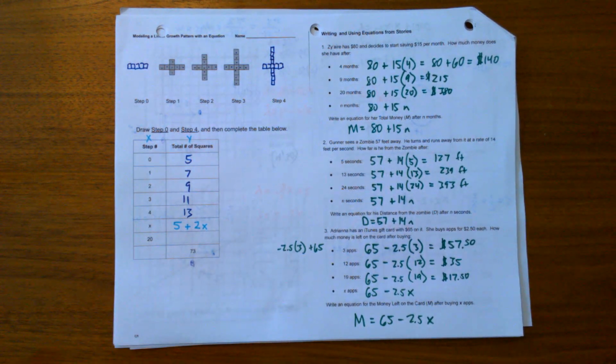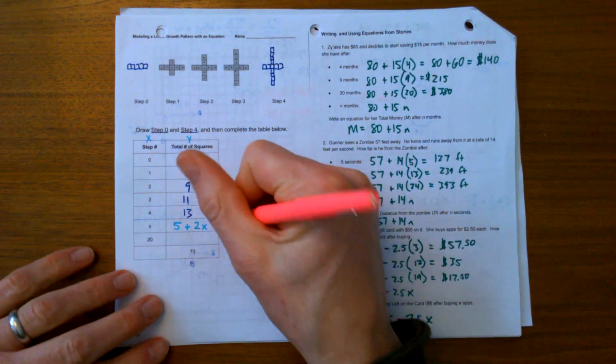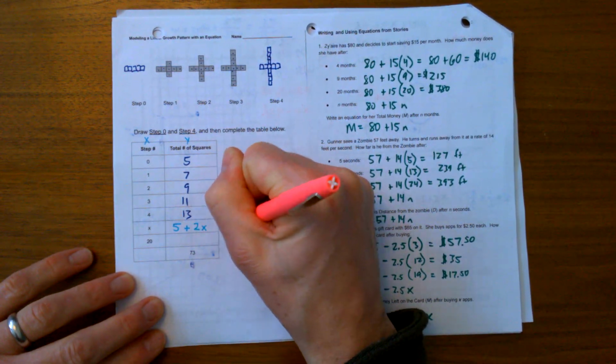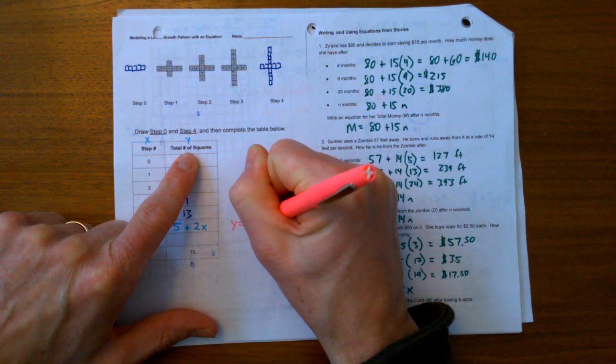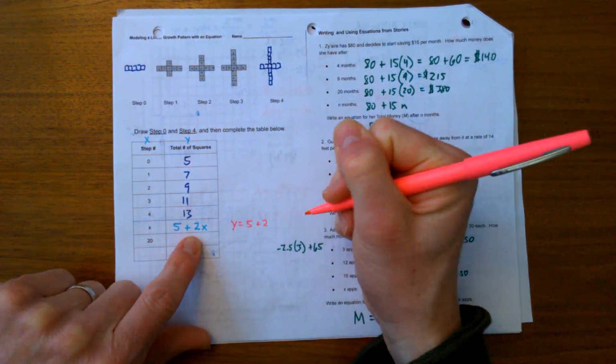So now we've got this equation. I'll even write it over here. y, the total number of squares, is equal to the 5 that we start with plus 2 squares for every step multiplied by the number of steps.